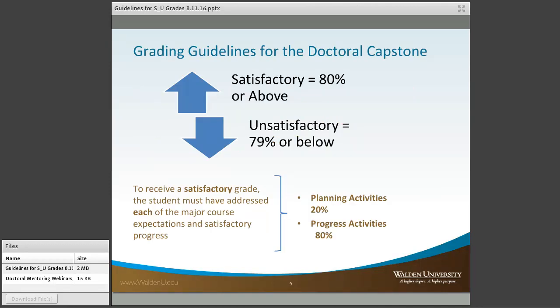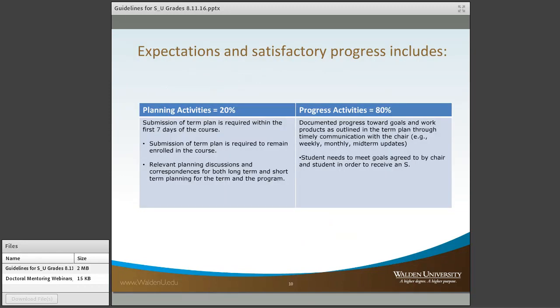And again, as we mentioned, 80% or above is a satisfactory grade. 79% and below is an unsatisfactory grade. What's really important is making certain that there is a term plan that's very specific, and we know that this means the chair has to work and be very engaged with the student that first week of the course, because the submission of the term plan is required within the first 7 days, as you all know.